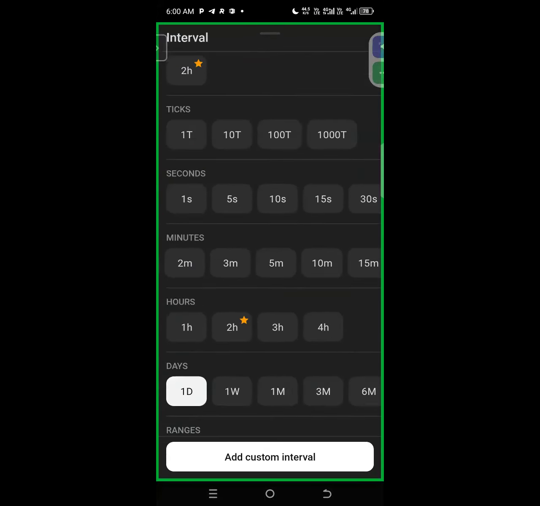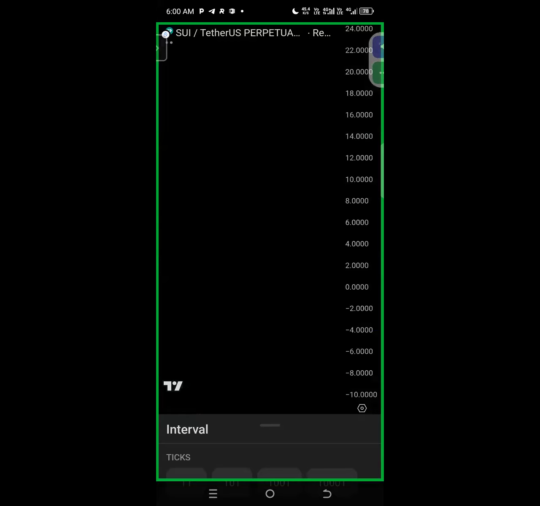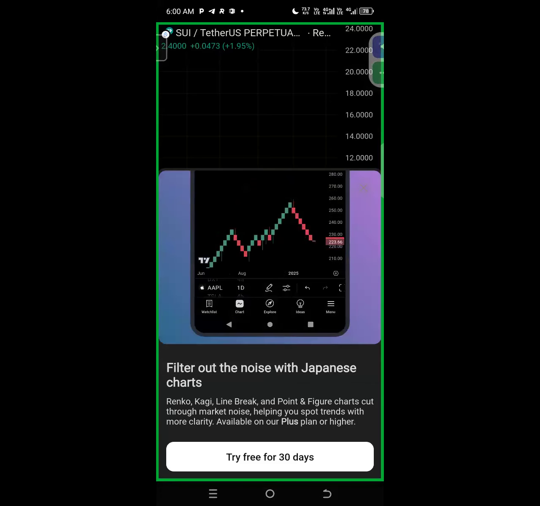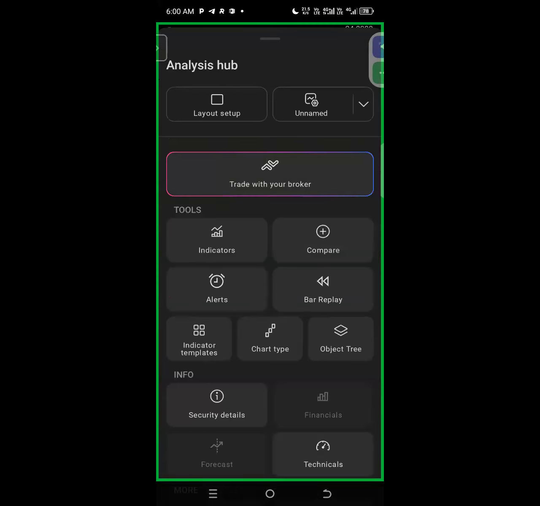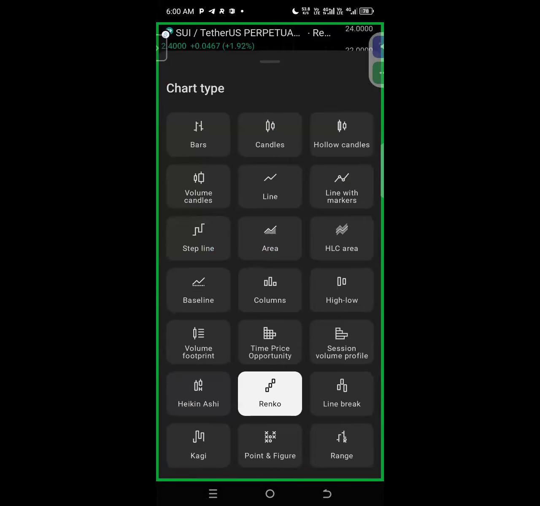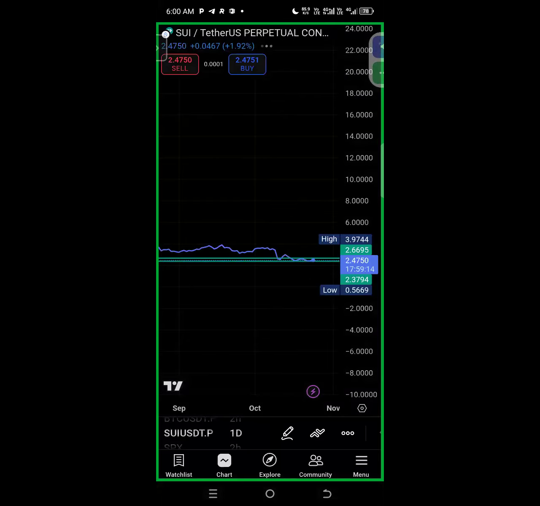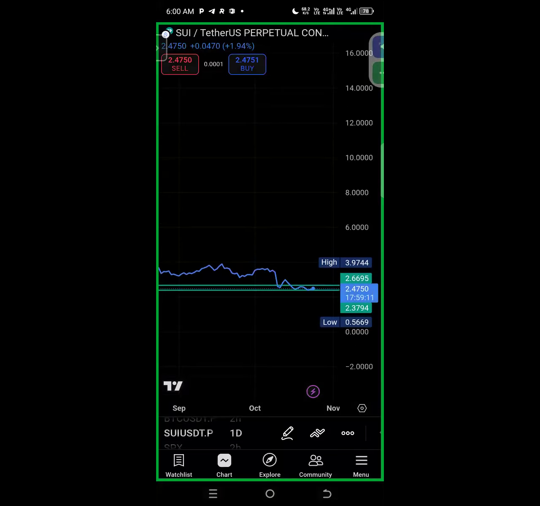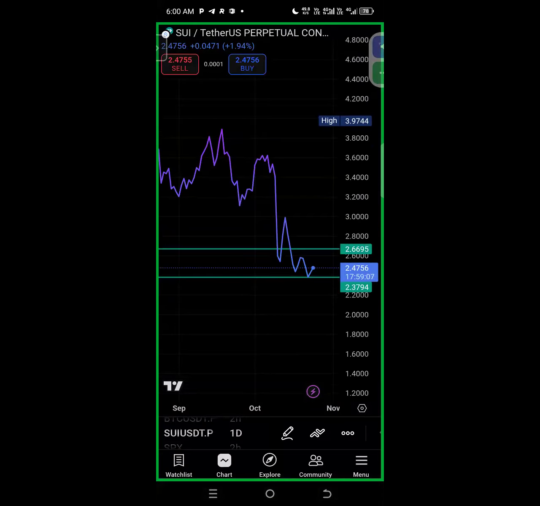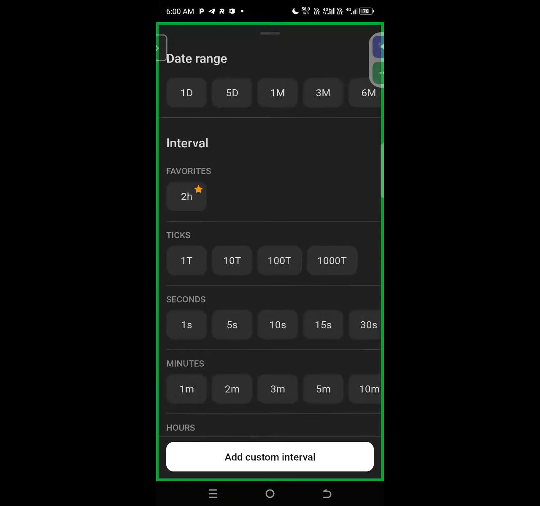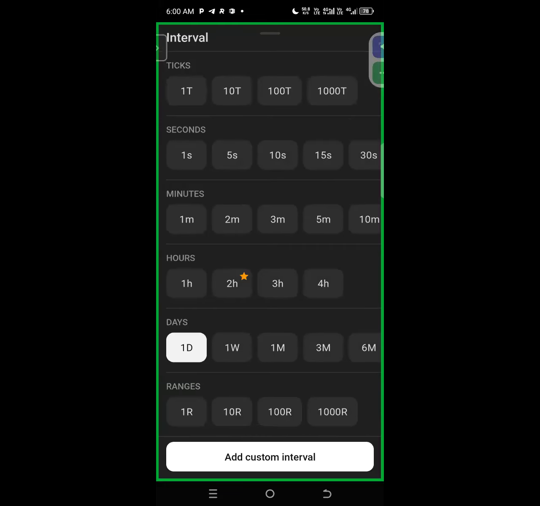Now, talking about the lines, let me go back and change it. You click here on chart type, you click on line. Lines, okay? But let's keep changing. So click on lines.